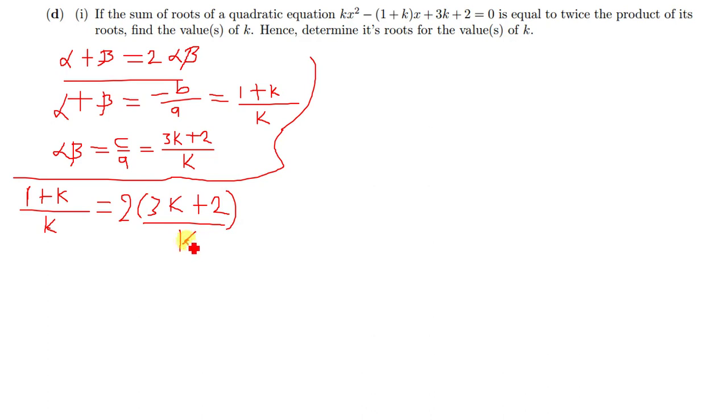So just from this expression here, you can see that this k and that k are cancelling. So if you want, you can prove it.